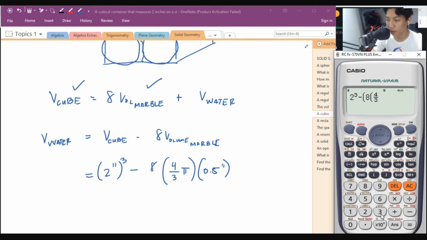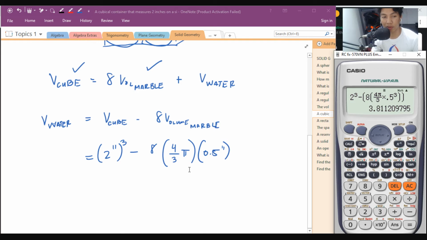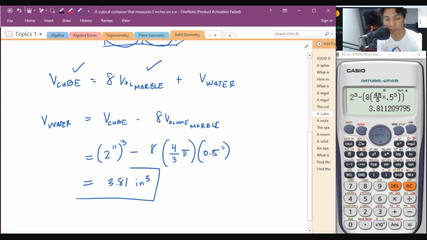Shift pi. Okay. Times 0.5 cube again. Two parentheses. Now, the volume of your water inside the tank is 3.81 inches cube. Very basic. Next problem.